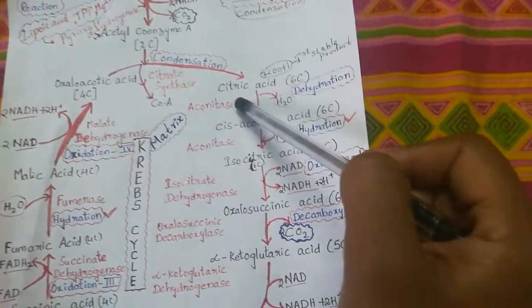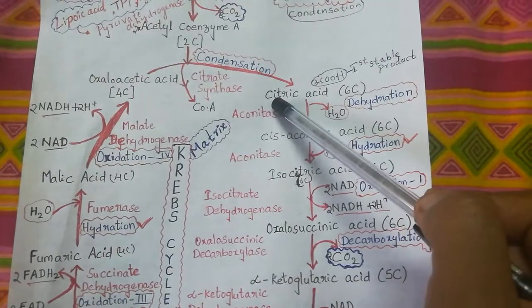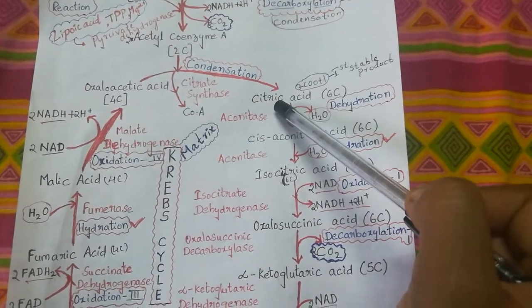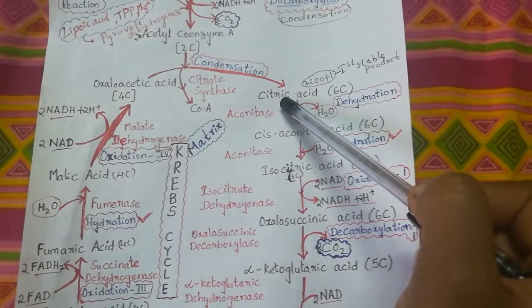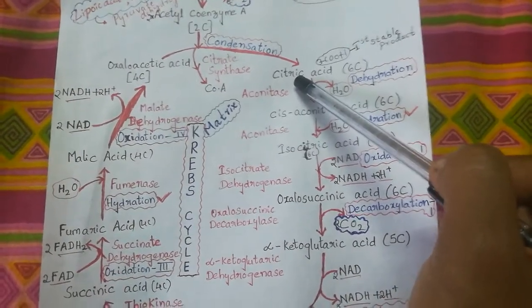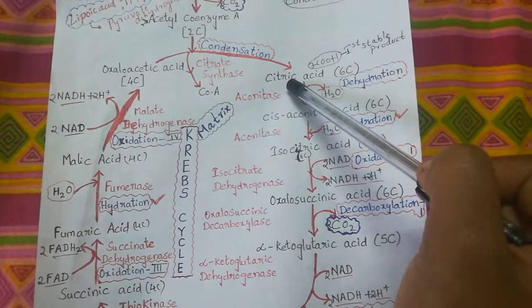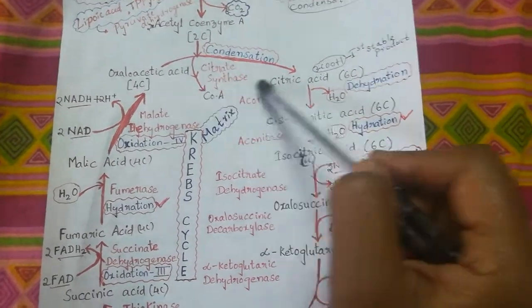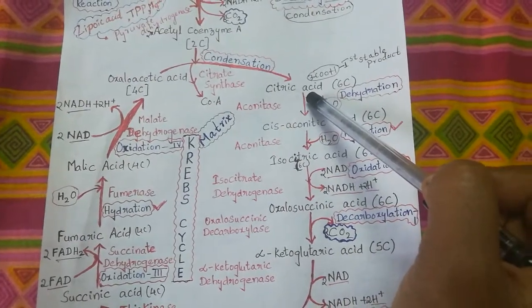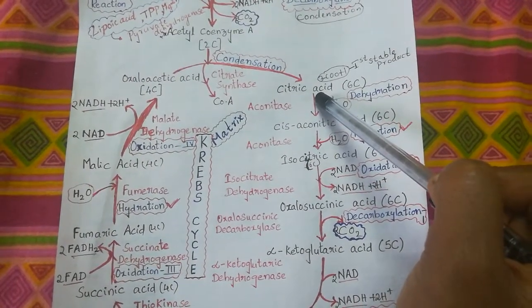This is the first stable product formed in the Krebs cycle. This complete Krebs cycle was given by the scientist Sir Hans Krebs, so it was named the Krebs cycle. And the first stable product formed is citric acid, so this cycle is also called the citric acid cycle.